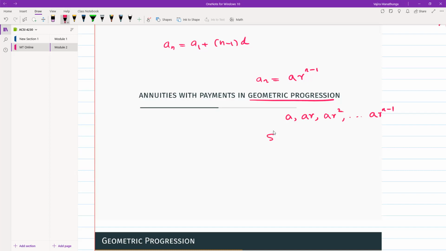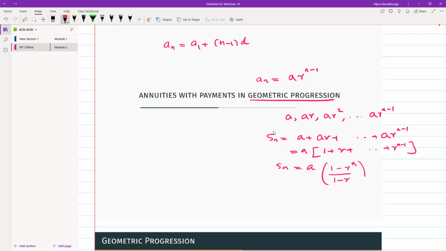If you want to take the sum of these terms, you take a as a common factor, then you have 1 plus r plus all the way up to r^(n-1). And you can do some tricks and get the answer, but I'm not going to prove how I get this equation, but it's going to be (1 minus r^n) over (1 minus r).